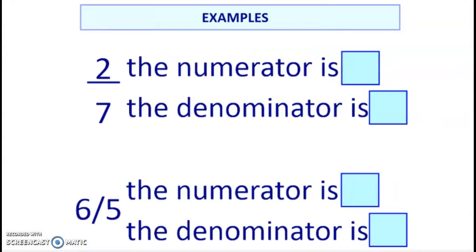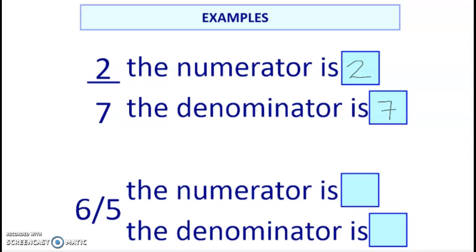So, a couple of examples here on the screen. You should be able to see that my first fraction is written 2/7. That means that my numerator, the number on the top, is the number 2. And my denominator, the number on the bottom, is the number 7. Easy peasy. My second example, I've still got a fraction, but it's just written slightly differently.